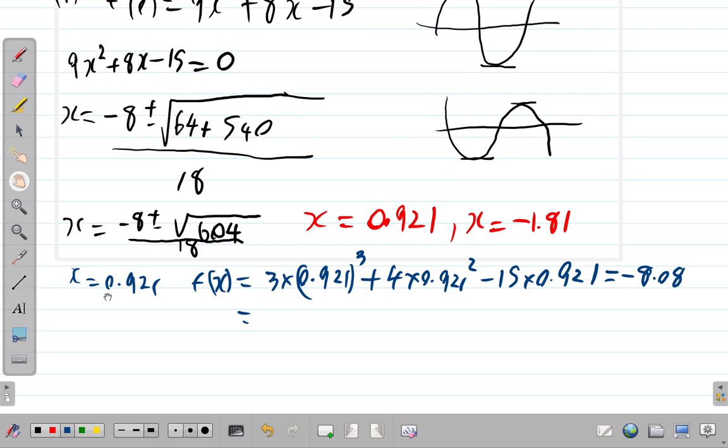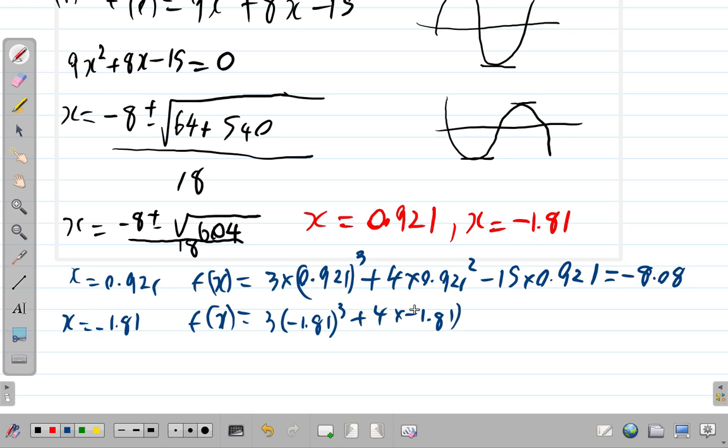And then what happens when x equals negative 1.81? f of x equals 3 times negative 1.81 cubed, plus 4 times negative 1.81 squared, minus 15 times negative 1.81.